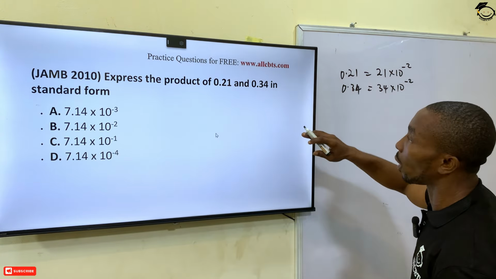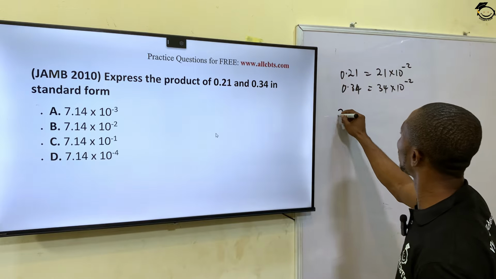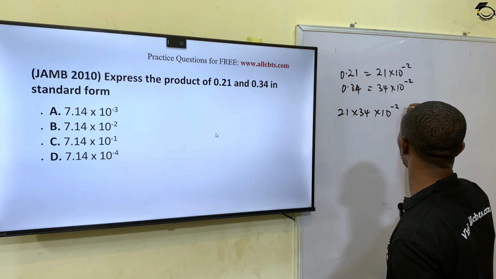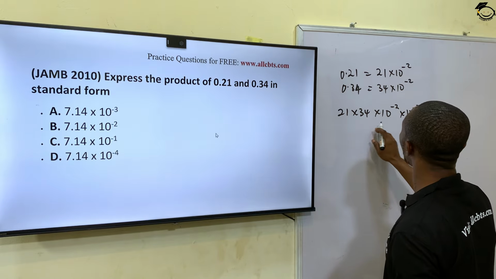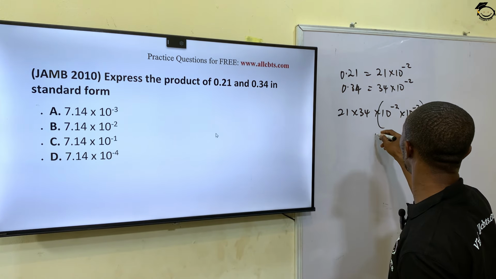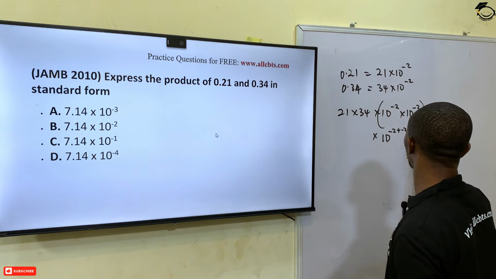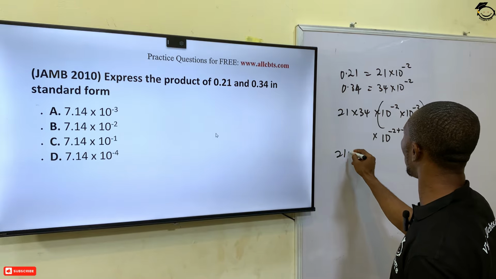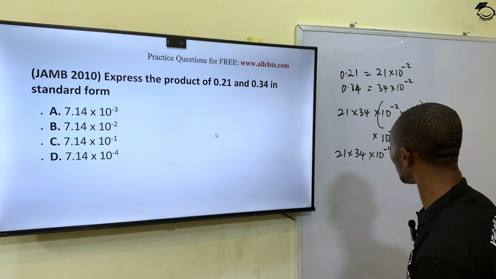When we talk about product, we talk about multiplication. So this will become 21 times 34 times 10 raised to the power minus 2 times 10 raised to the power minus 2. Now, in our law of indices, we can combine these to be 10 raised to the power minus 2 plus minus 2, which gives us 10 raised to the power minus 4. So this becomes 21 times 34 times 10 raised to the power minus 4.